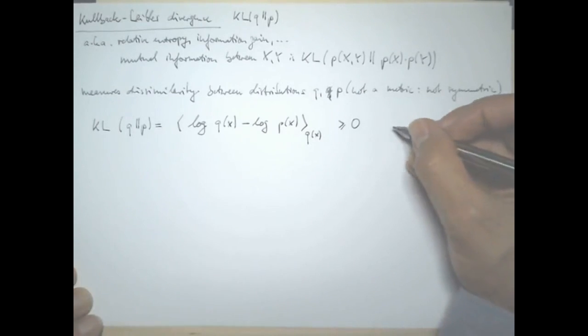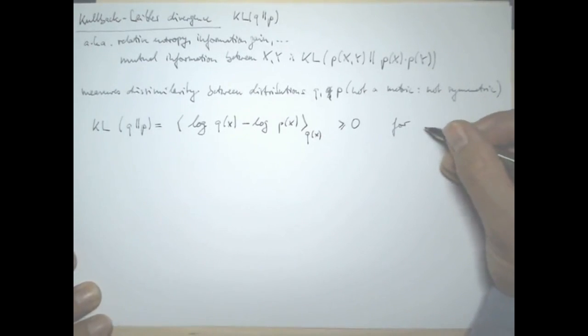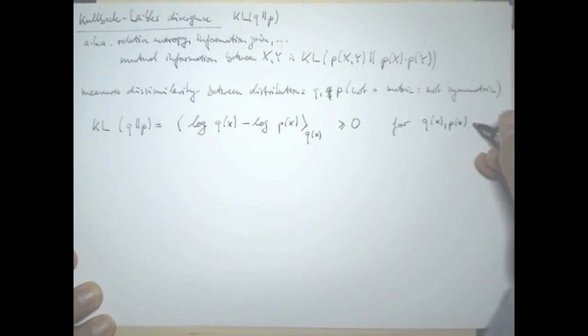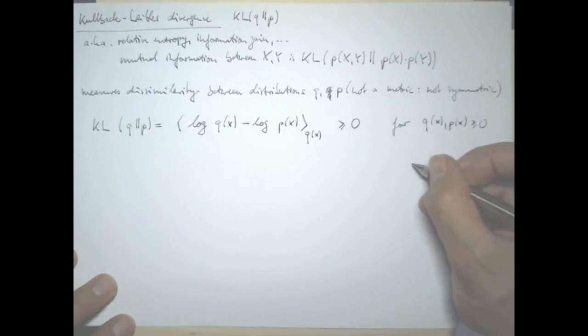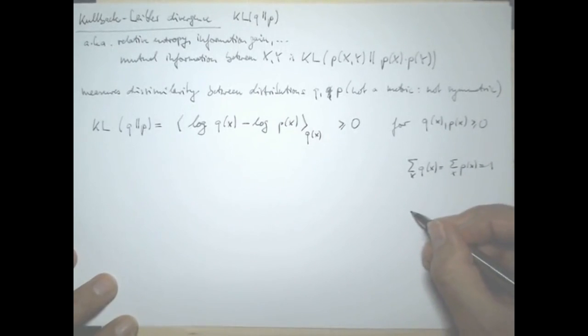And it can only be evaluated for Q of x and P of x that are larger than 0 for any x and which are normalized. So I can write it for the discrete or the continuous case.